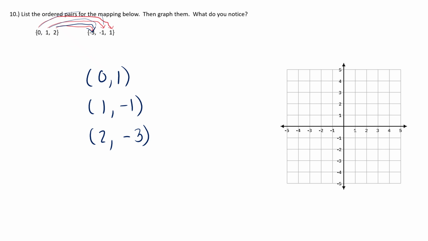All right, so let's go plot them. So 0, 1 is right here. 1, -1 is right there. And 2, -3 is right there. And what you were intended to notice was that they form a line.